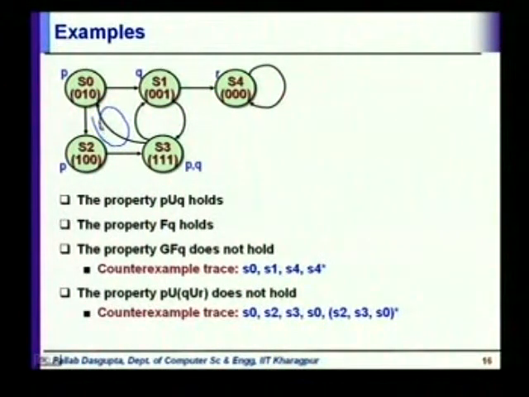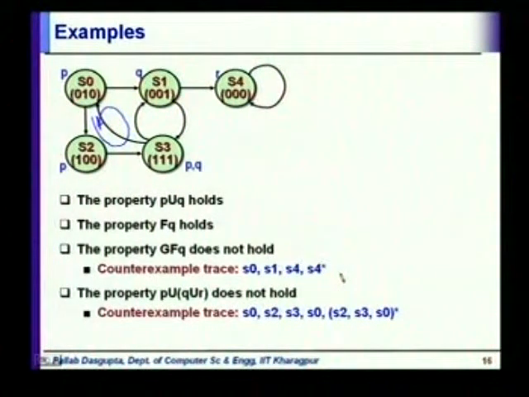So if it goes around in this loop forever, then it is never going to reach a state satisfying Q until R, because these three states do not satisfy R. So if this is the path that it goes in this loop forever, then none of the states satisfy Q until R, right? So therefore this property does not hold on this path, right? So again you see, the counter example trace is not just one finite trace, but it is an infinite path, right?